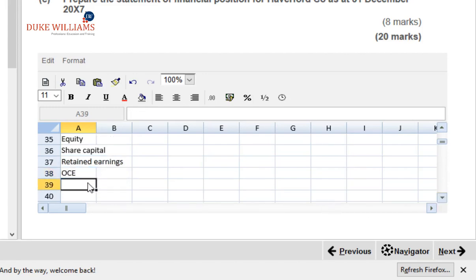There's a revaluation surplus, so we leave a line or 2 and bring our non-current liabilities, if any.